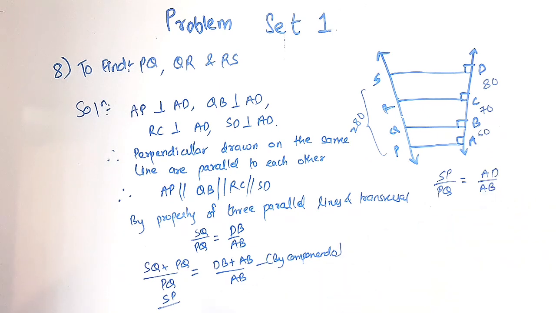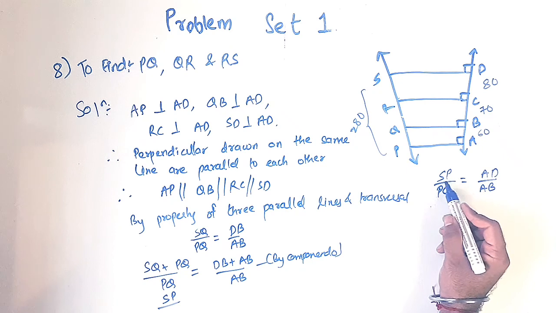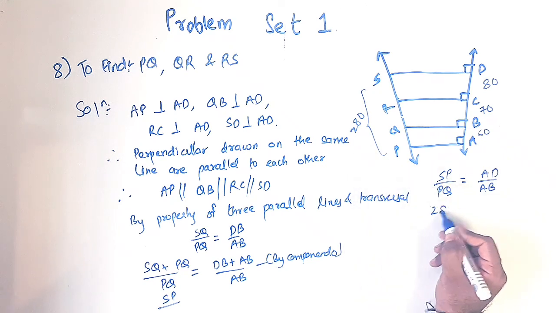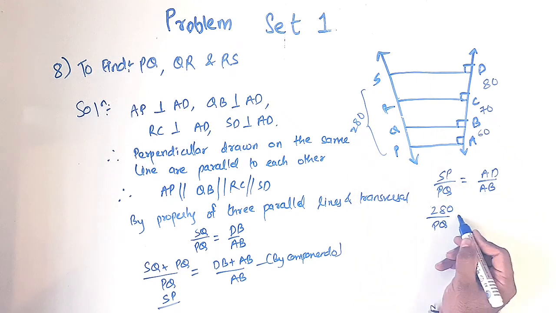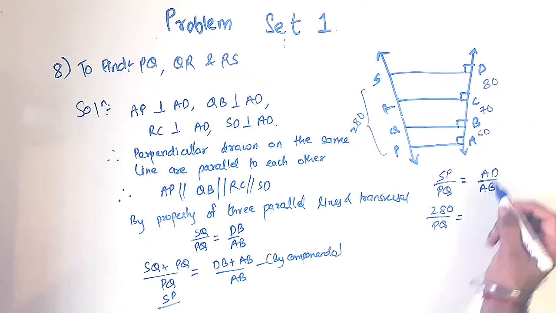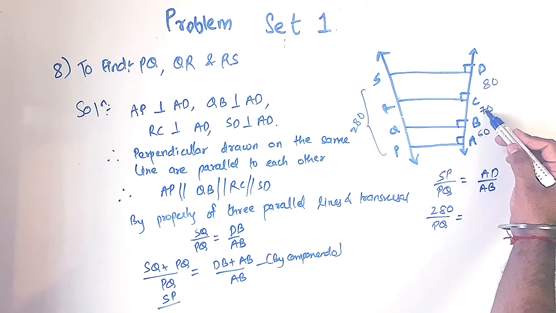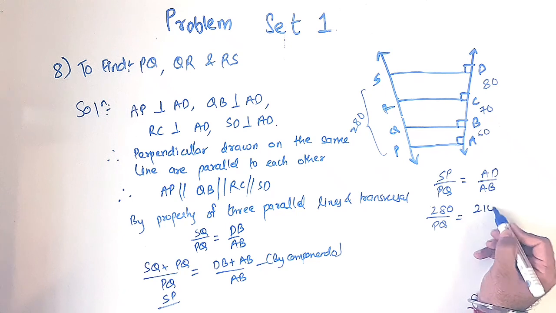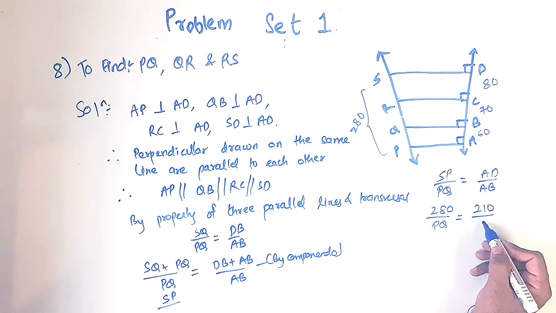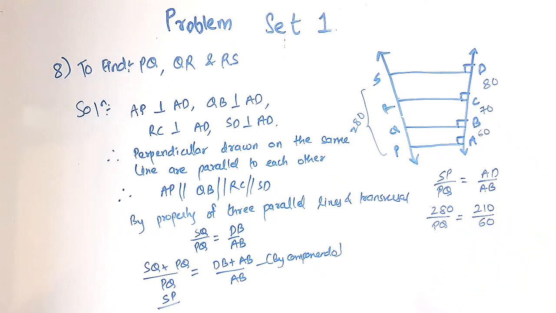Because we have added them, I'll write the original measures now. SP is 280, PQ we don't know, AD we know. AD is how much? 8 plus 7 is 15, 15 plus 6 is 21, so 210, and AB is how much? It is 60.